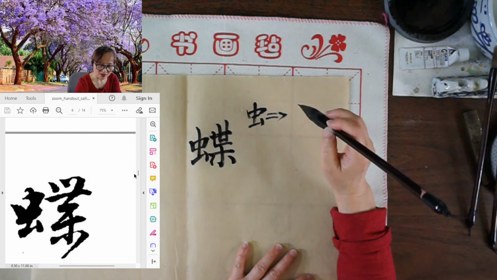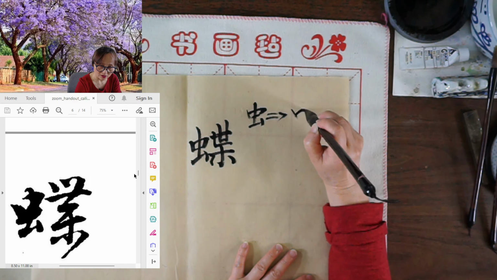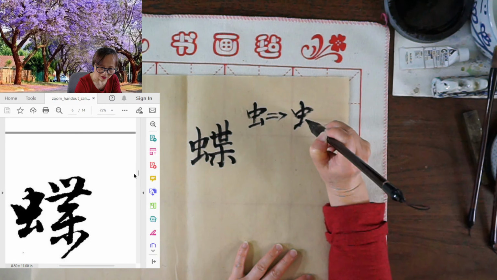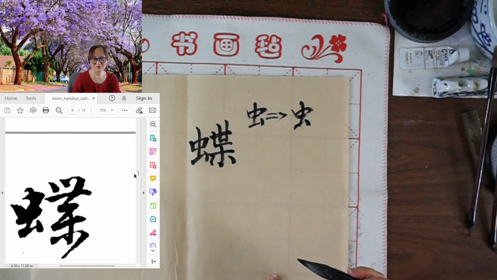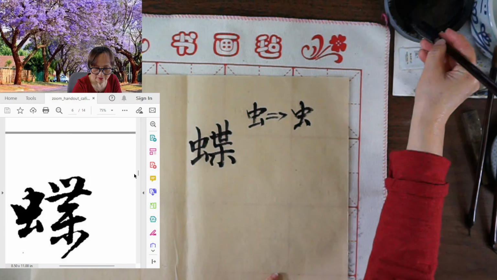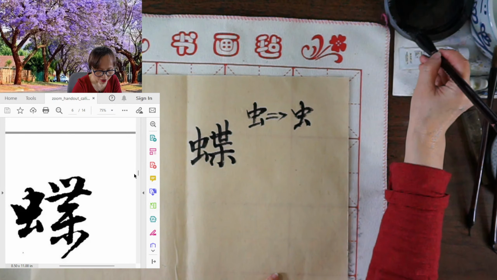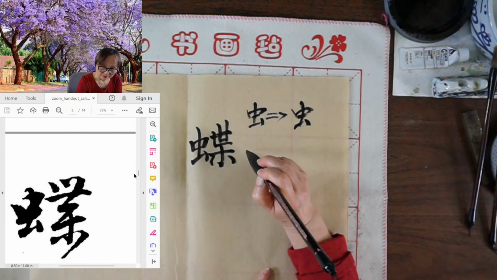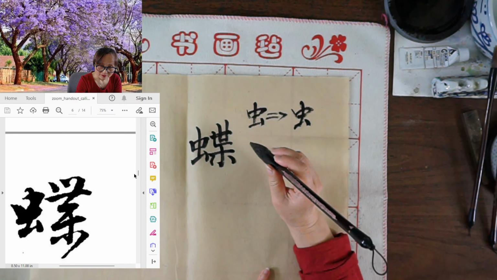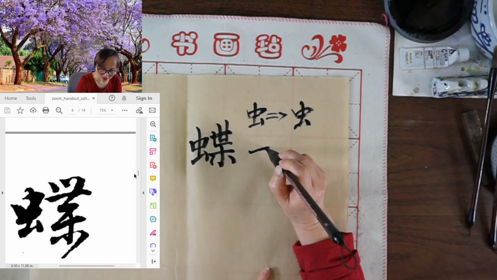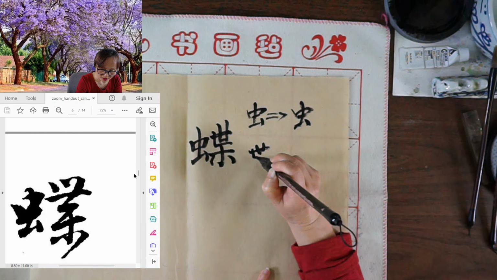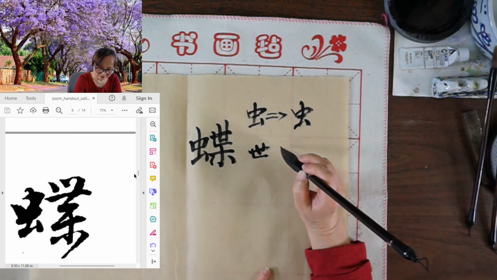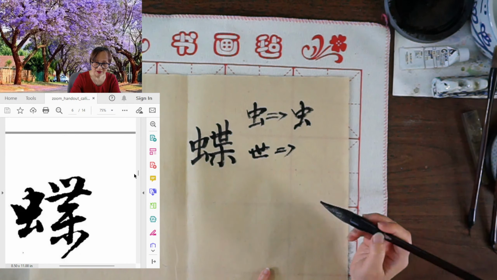Go fast, it's just, and then, so not that much change. And the right part changed a lot. Much easier actually. How to do this part, right? This part becomes very easy.